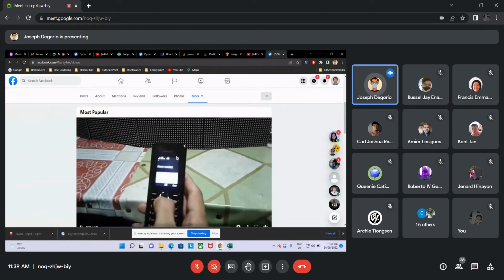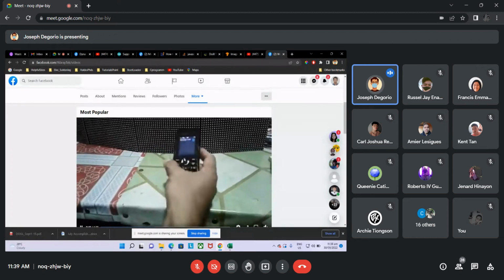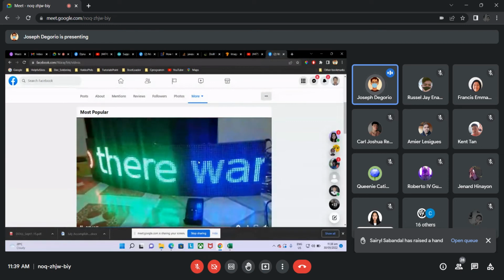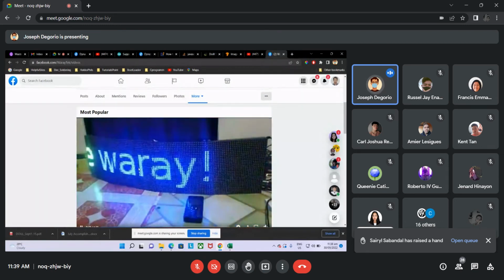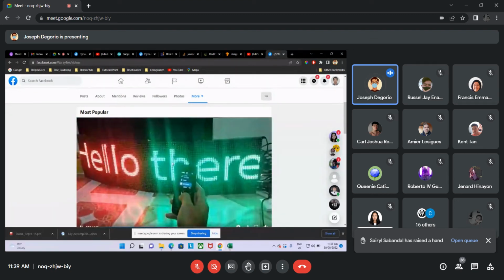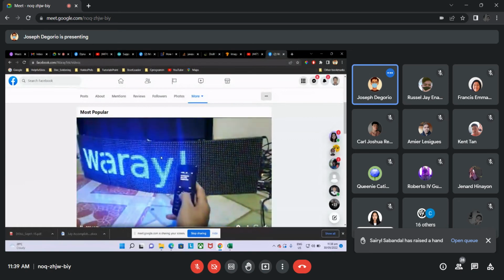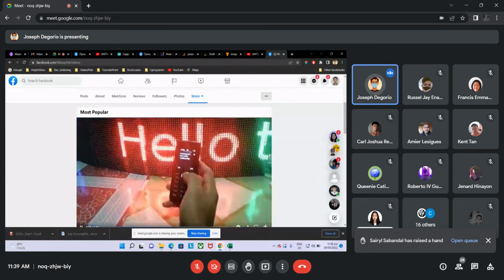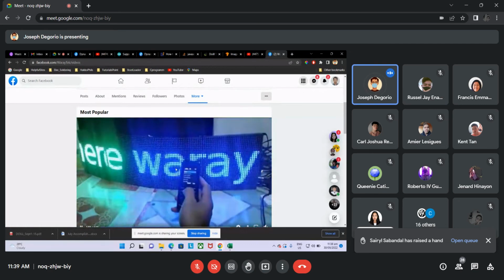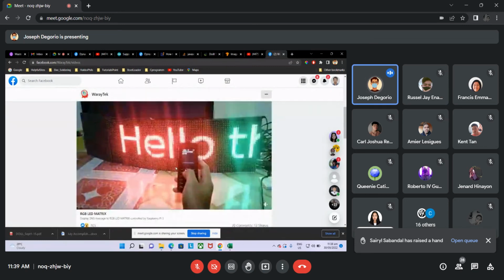As you can see, I'm using my Nokia to send a simple text message, and it will be received. Then the message will display on this panel. We can have various sizes, but you need to buy them and it's a little bit expensive. You can have 4x4. I have a 4x1 panel. So yes, you can create this.